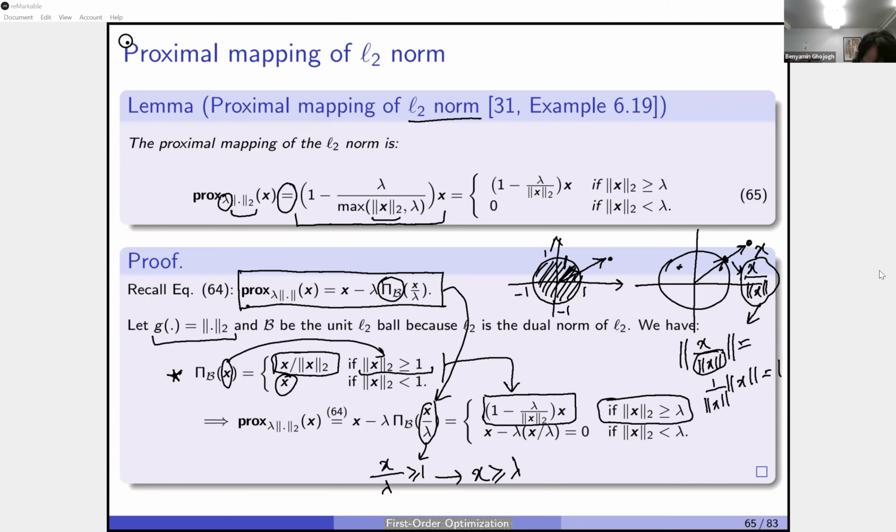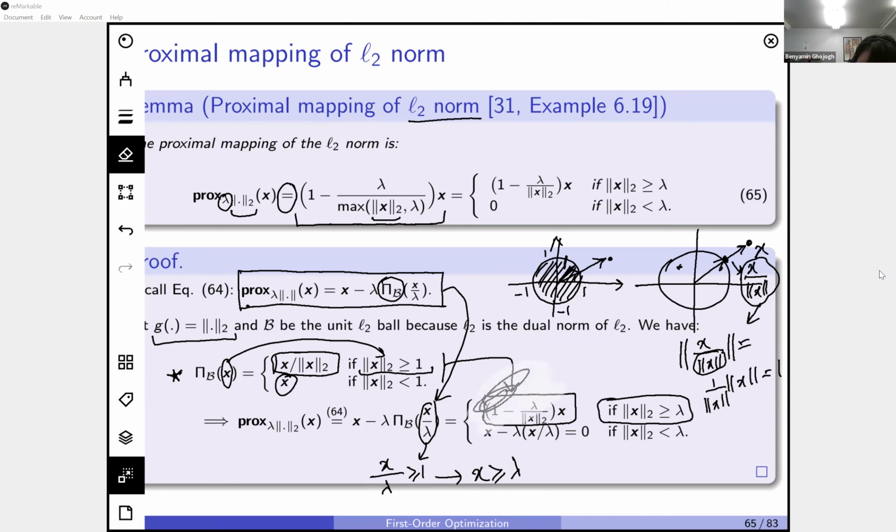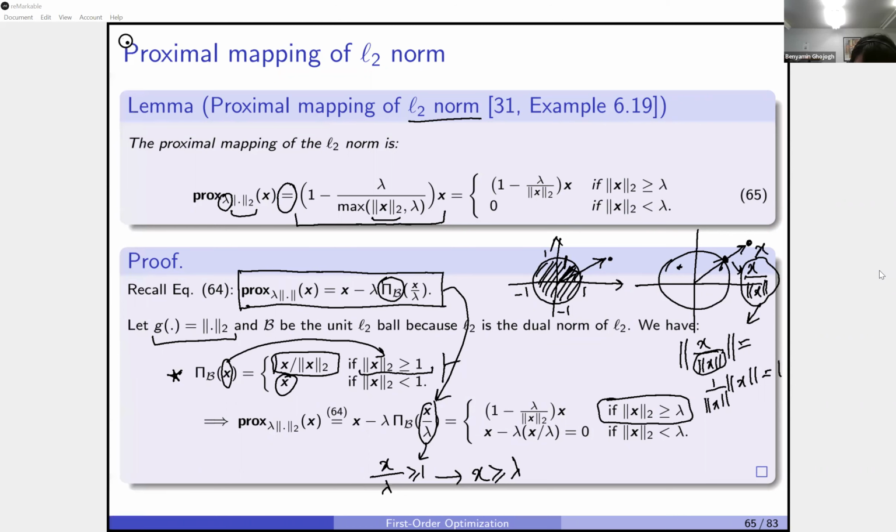Let me write it in this way so you understand better. Bear with me and you will see the beauty of these algorithms. You need to be patient to see why these are important. So when we have this, the inside of the projection is greater than or equal to 1.